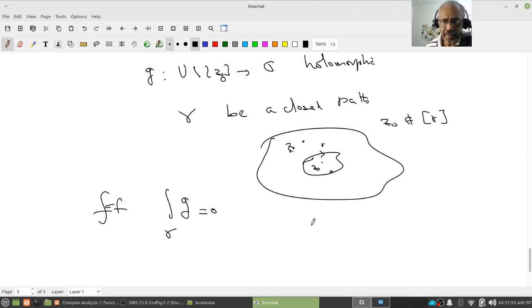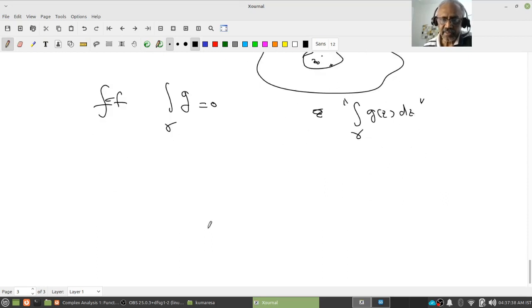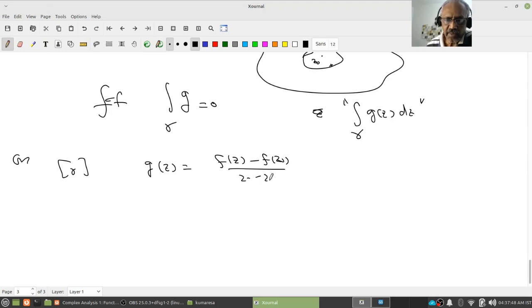Now remember z naught, what is g? If you want, this is the integral of g of z dz over gamma. This is a notation for path, but that's why I avoid it, right? But on gamma, what is g of z? g of z is f of z minus f of z naught over z minus z naught, because z naught is not on gamma, right?